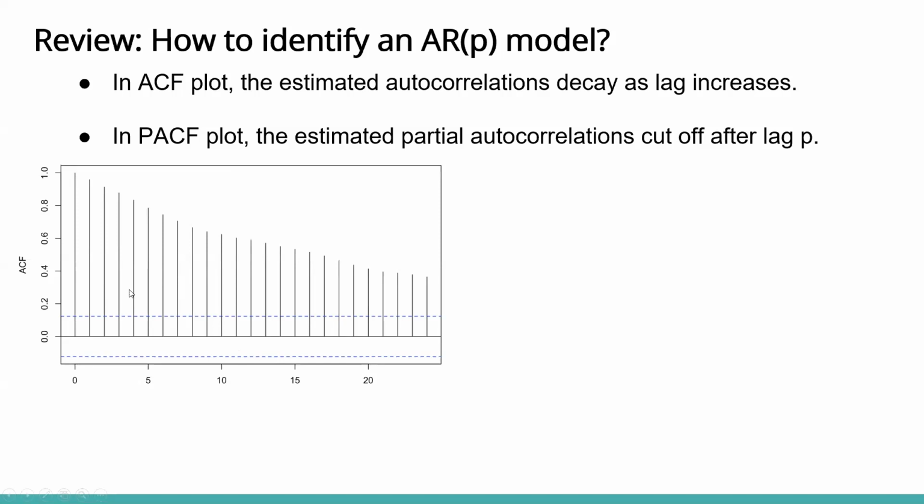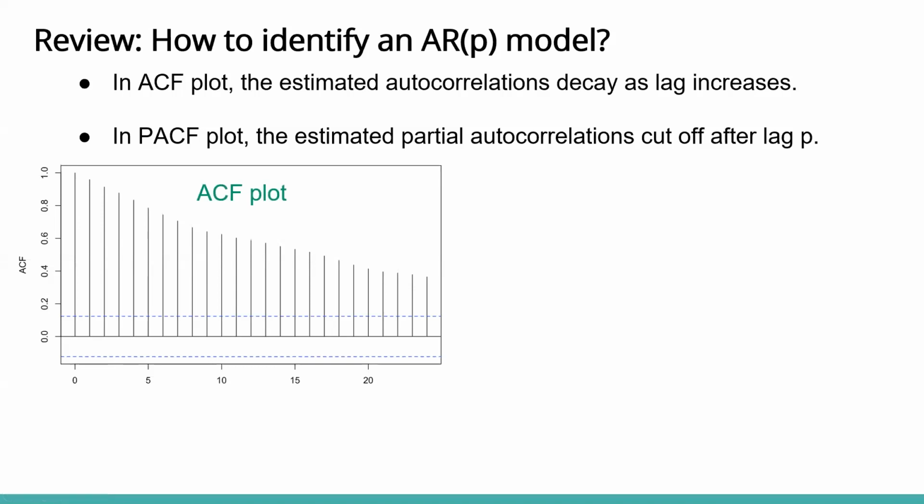This is not the autocorrelation plot of residuals, because we got two different kinds of autocorrelation plots: the ACF for the time series and the ACF for residuals. When I see an ACF plot that looks like this, it means this is an autoregressive model, because as the lag is increasing, the autocorrelation is decreasing. It is going down.